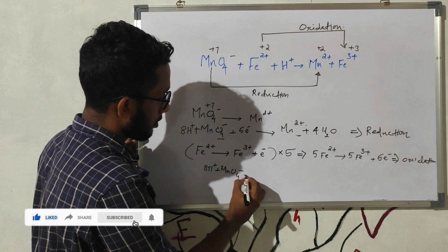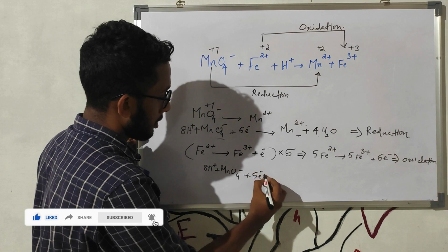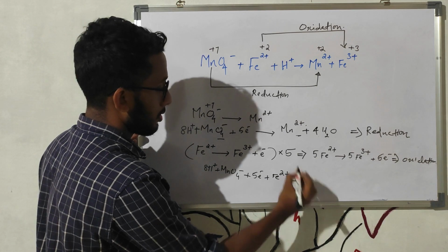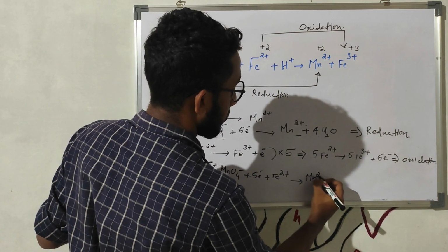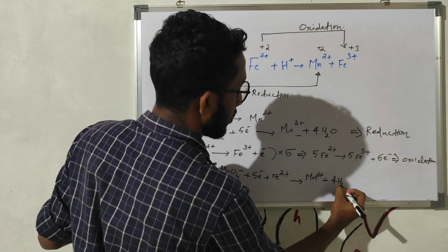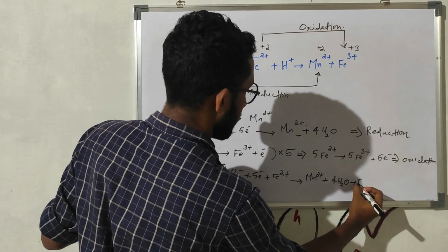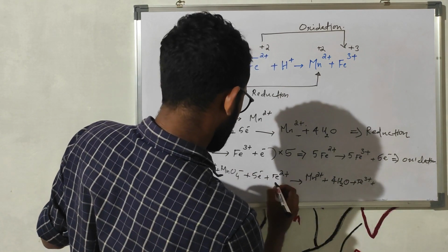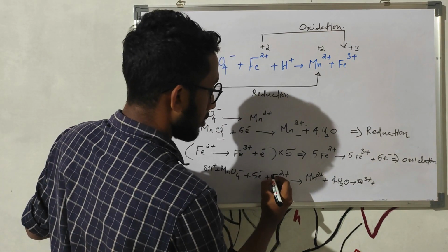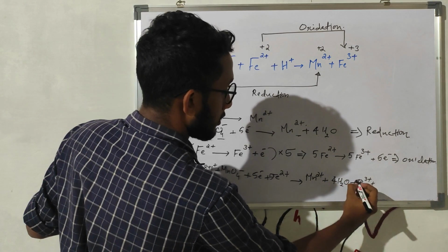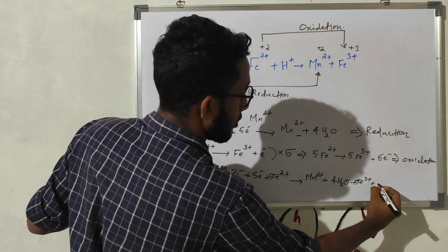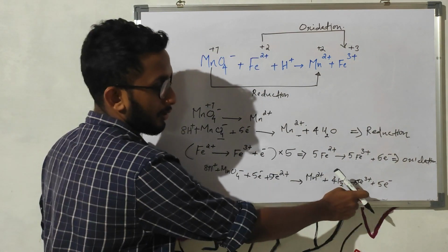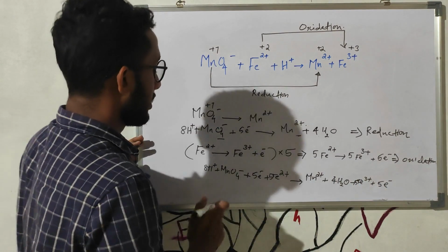MnO4 minus plus 8 H plus plus 5 electrons plus 5 Fe2 plus gives Mn2 plus plus 4H2O plus 5 Fe3 plus plus 5 electrons. Sorry, I'm very sorry, this is 5 Fe2 plus and 5 Fe3 plus and 5 electrons. Okay, this is our last equation.